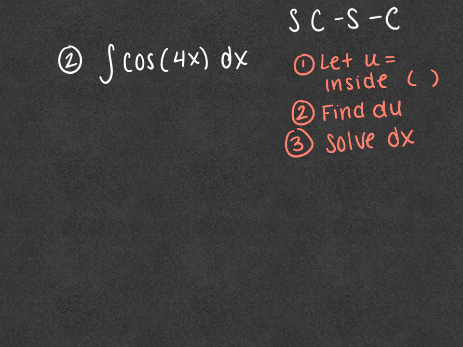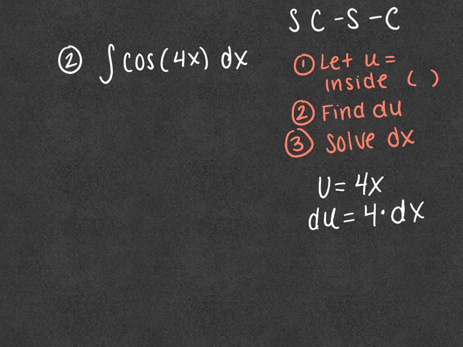So, step 1, u. I'm going to let u equal 4x, and I'm going to find du, my derivative of u. Well, we know the derivative of 4 times anything, or 4x, is just 4 times dx because we're taking the derivative with respect to x. To solve for dx, we divide both sides by 4. So dx is du over 4.